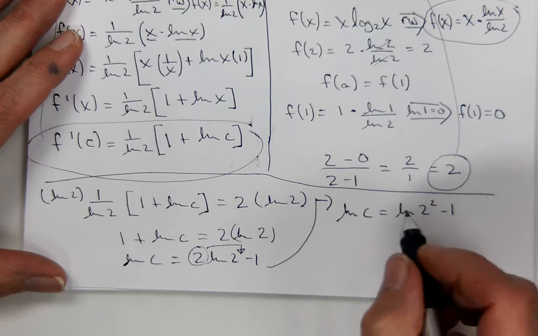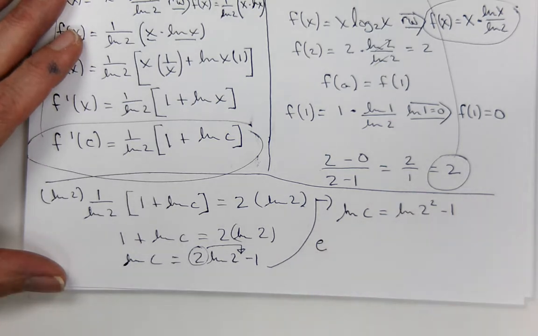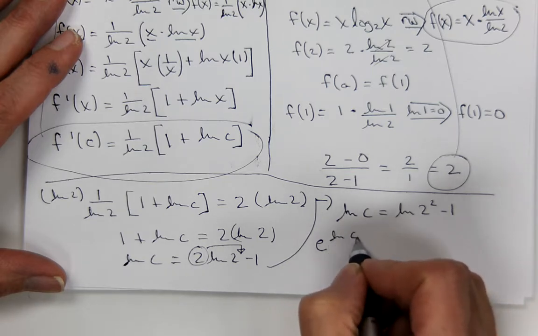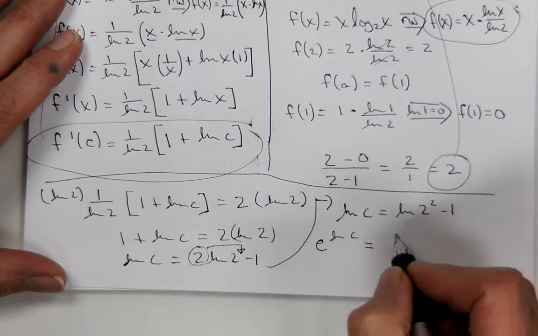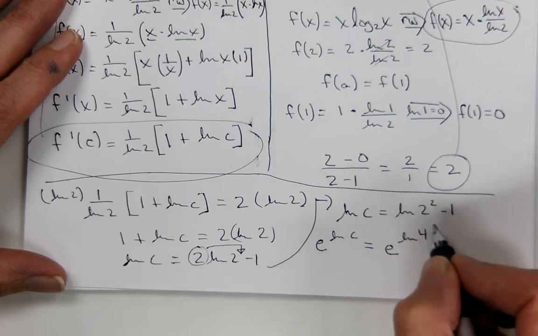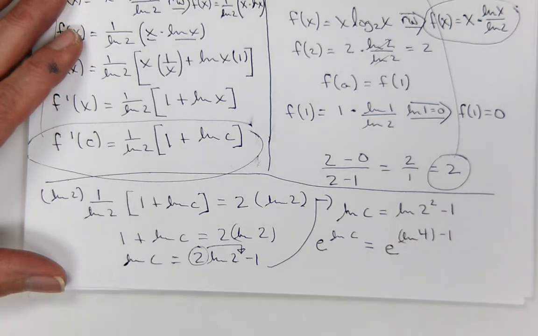And now we're going to raise each side to the base e. So we're going to apply e to both sides. E raised to the natural log c, that'll get our c solved for, and that's our goal, is equal to e raised to the natural log 4, 2 squared, and then minus 1. And you can't subtract 4 minus 1 because the 4 is locked up with the natural log.